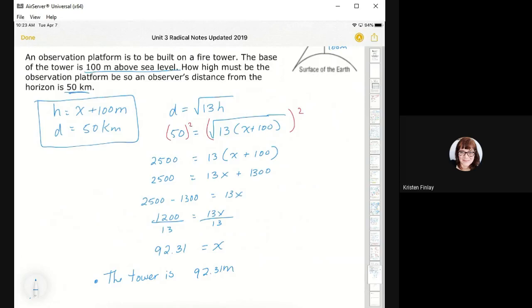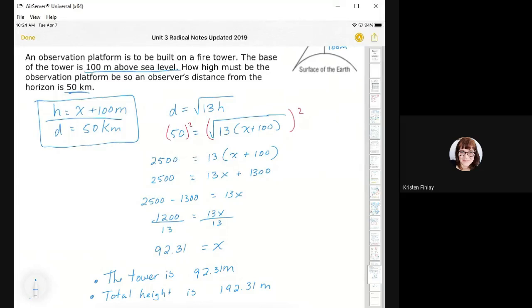Now the total distance is that plus 100, right? Total height is 192.31 meters. Because if we look up here, the height is that plus 100. Okay? So that's that one.